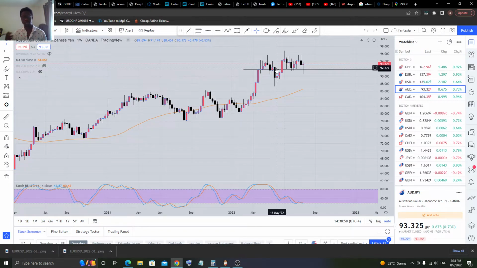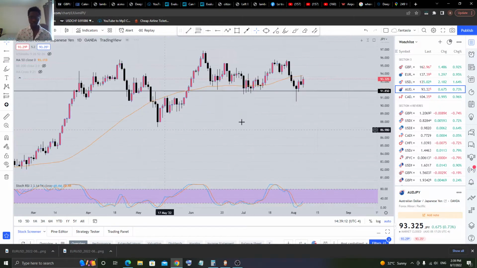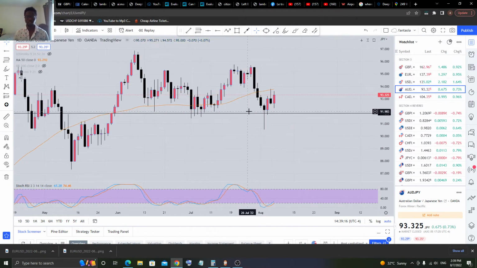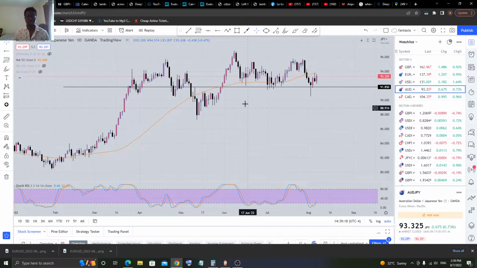You understand, guys? Sometimes it's going to be a head and shoulder, sometimes it's going to be a double top or double bottom to break through a big resistance. So here, based on my experience, I think price is doing a big double top.